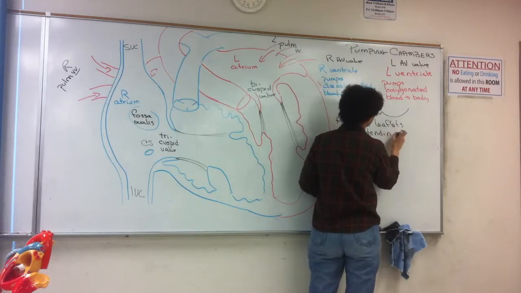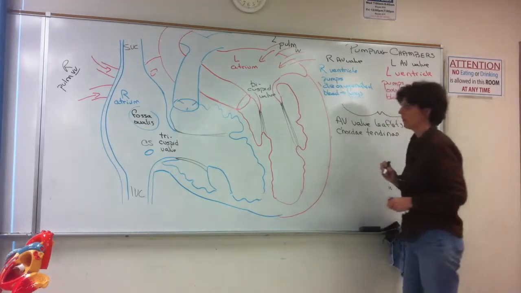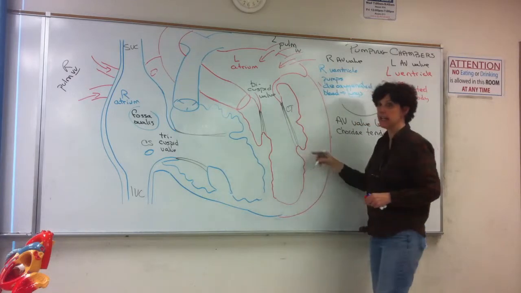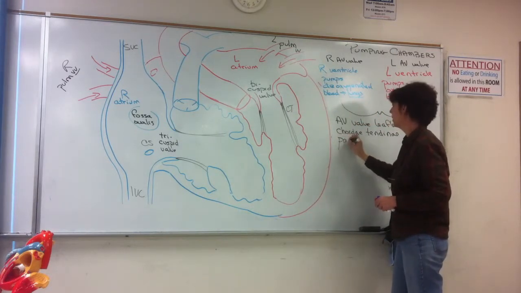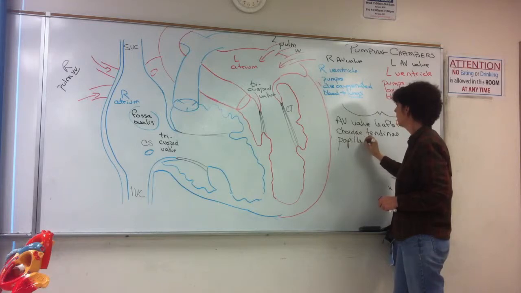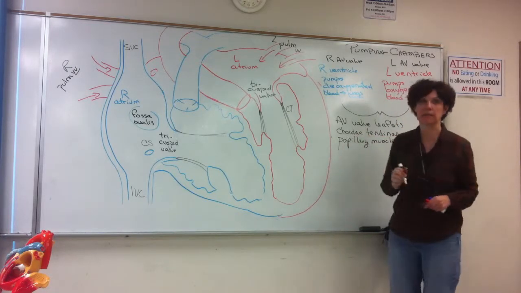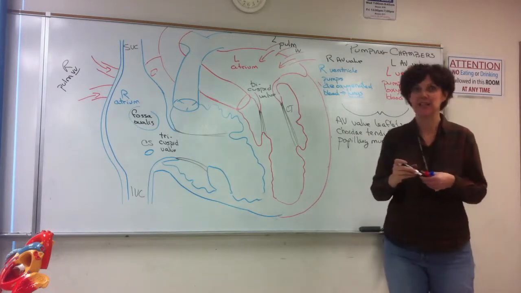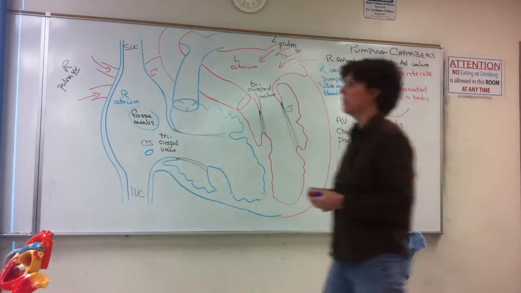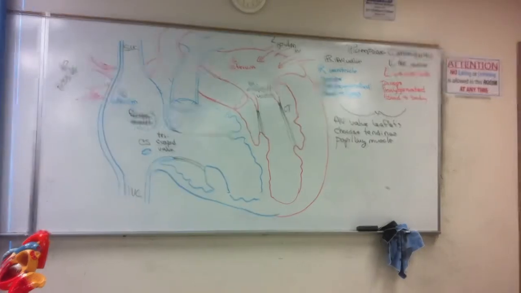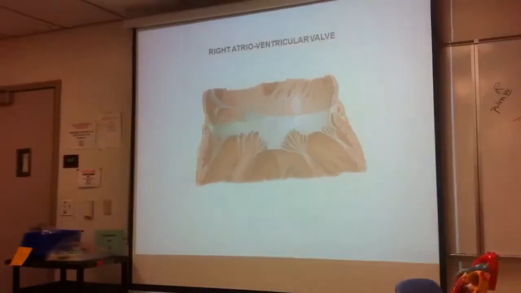That's these. And the chordae tendineae attached to papillary muscle. Somebody thought it looked like small breasts, or papillae. So we have a papillary muscle. The right atrioventricular valve has 3 leaflets.